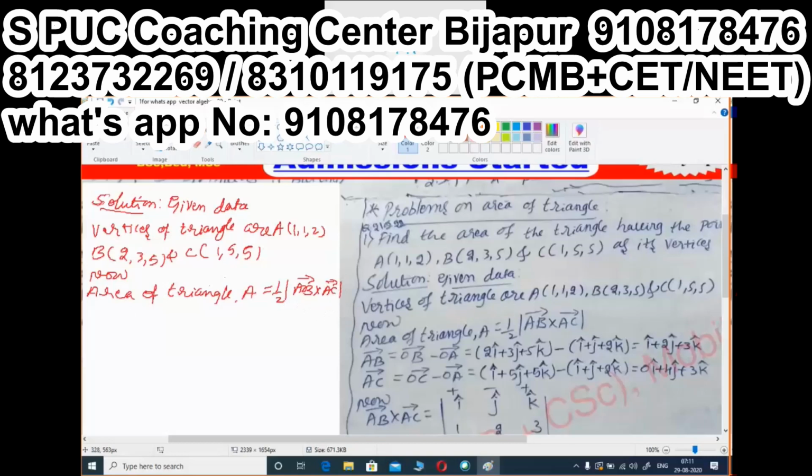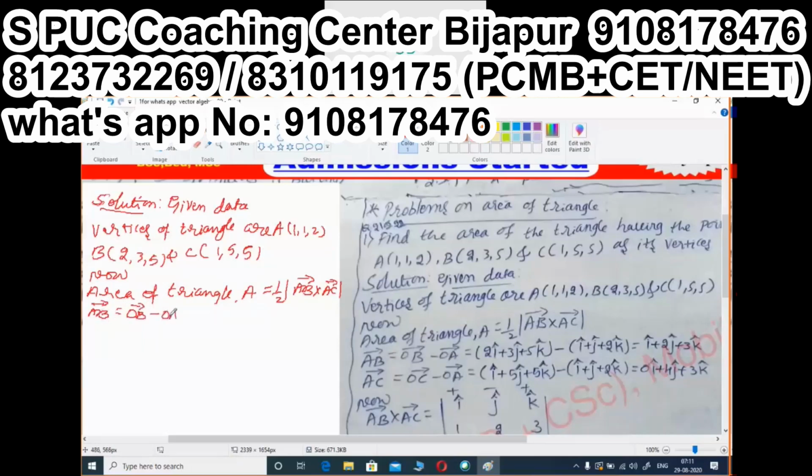First you can find out that AB vector. How are you going to find out the AB vector? So let us have here AB vector equals, with the help of origin, in terms of position vectors, you are going to express B point position vector as OB vector minus A point position vector as OA.